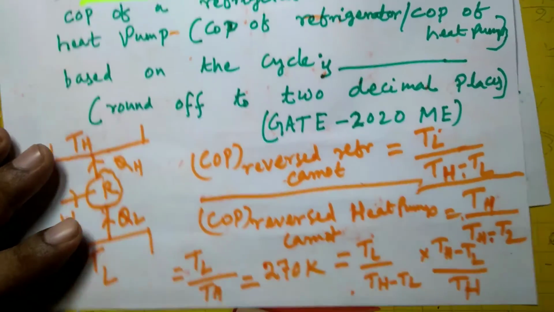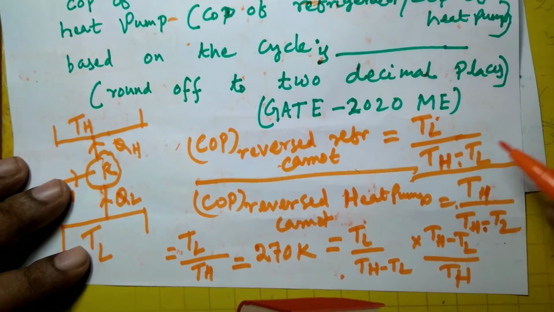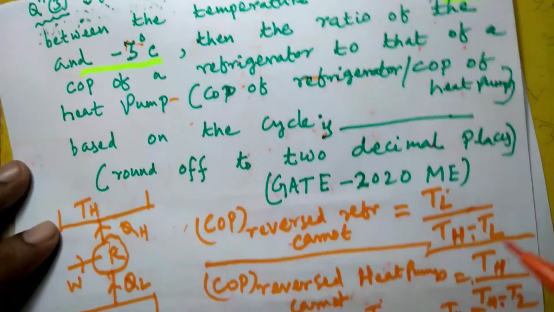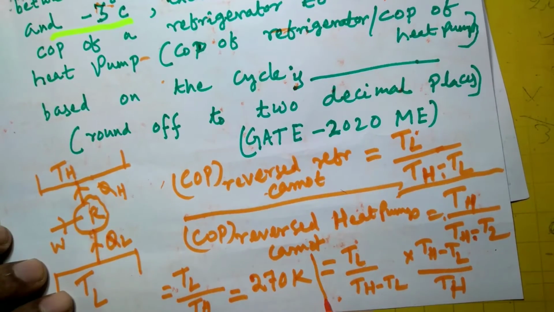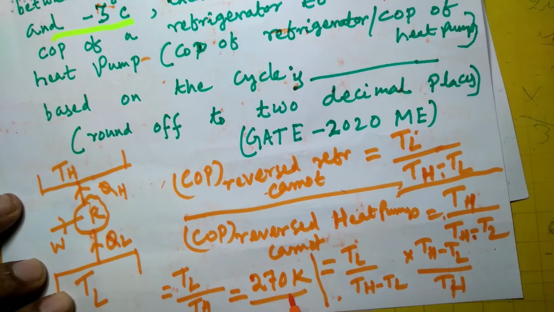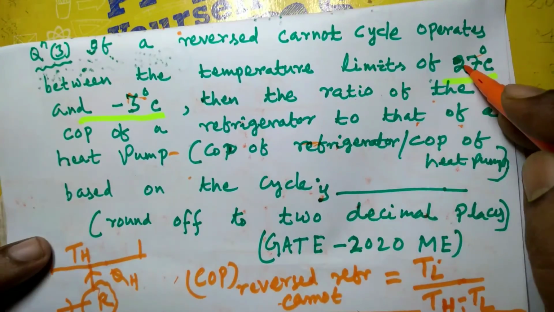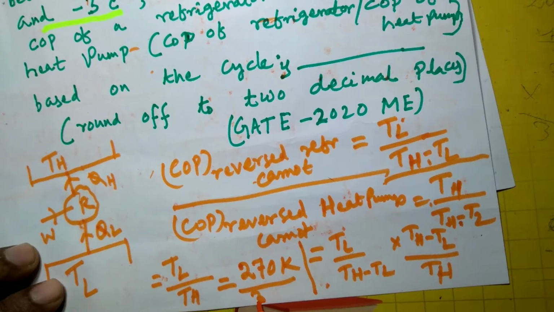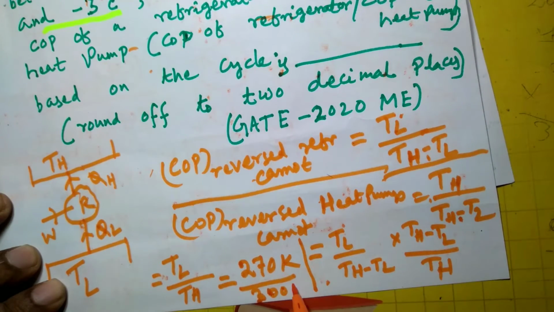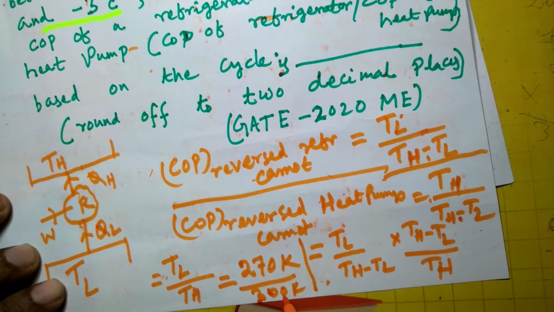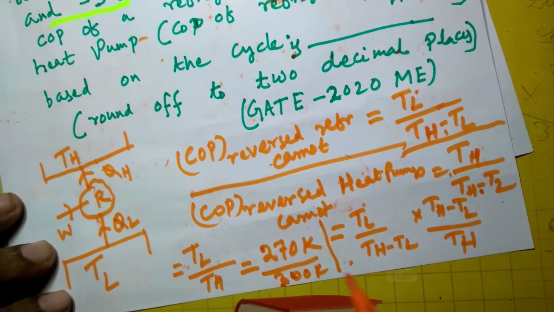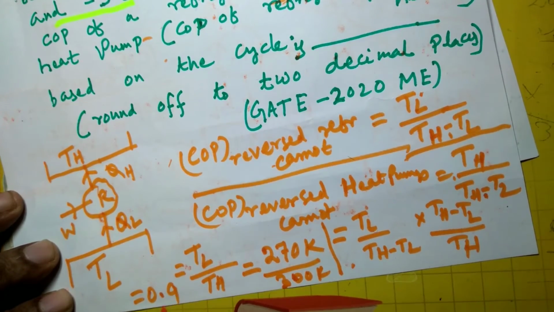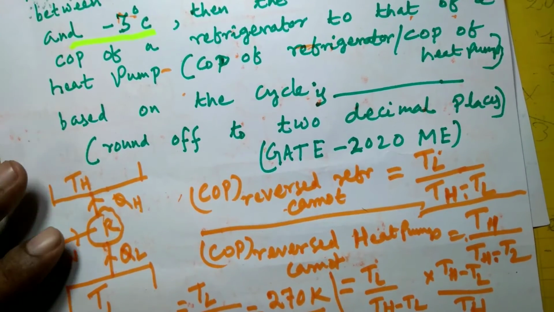Obviously these are temperatures expressed in Kelvin. The higher temperature is 273 plus 27, that is 300. So 270 divided by 300, that is 0.9.